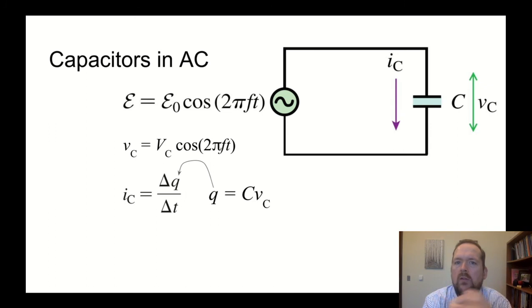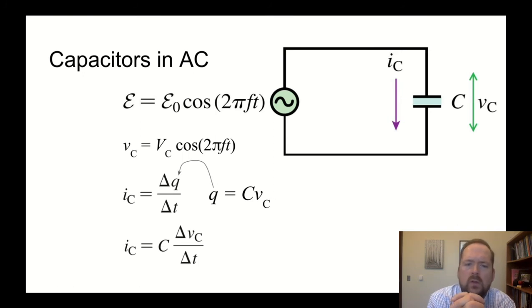So I can write charge as the capacitance times the voltage across the capacitor by manipulating the definition of capacitance, and plug that in for charge in my current equation, and see that the current in this circuit that contains a capacitor is equal to the capacitance times the change in the voltage with respect to time.